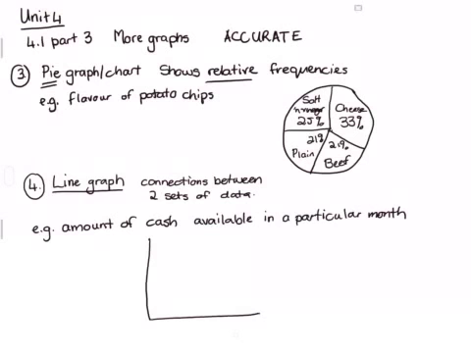So the one axis is going to be months. And still we're going to keep the distances the same apart. So I'm just going to say January, February, March, April.